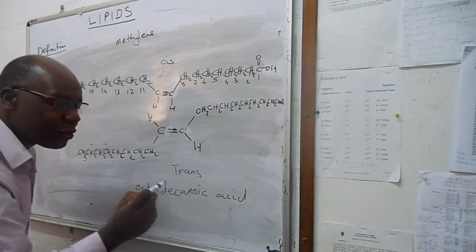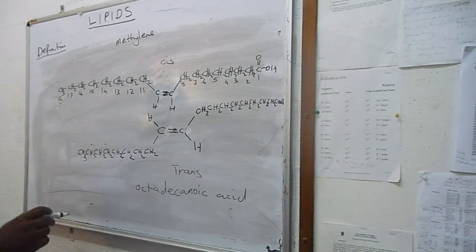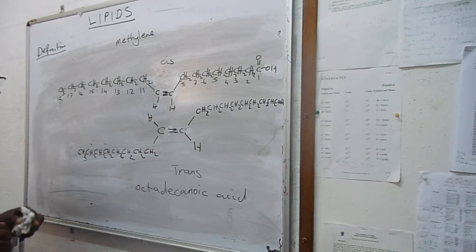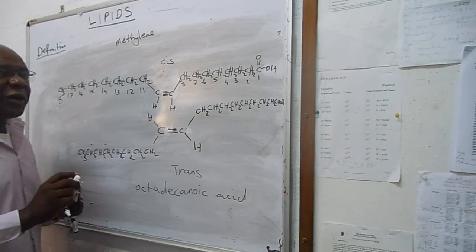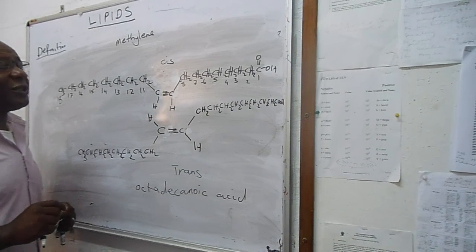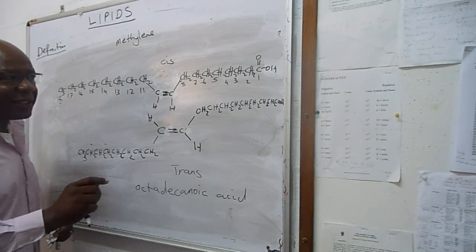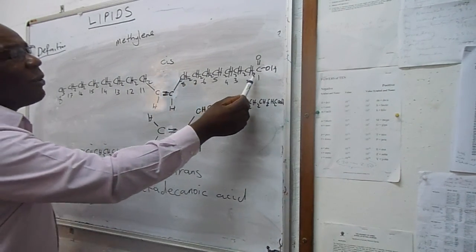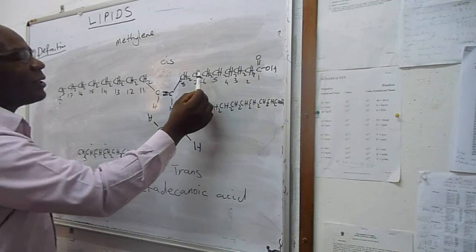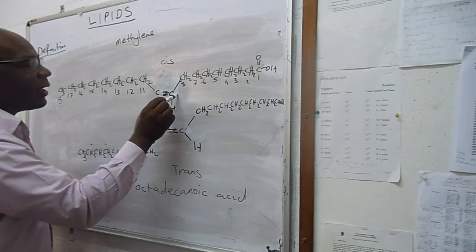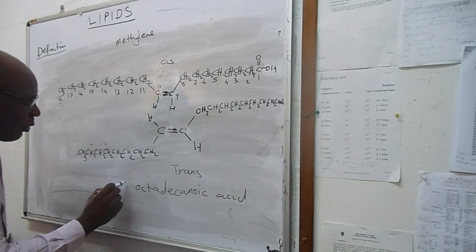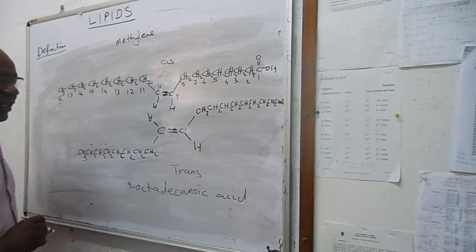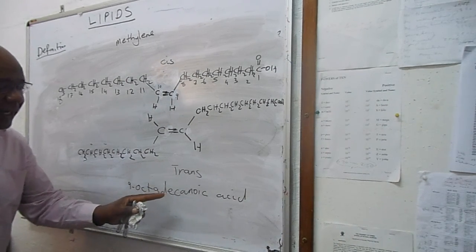But because it is not saturated, we need to identify at what position the double bond starts. If you count 1, 2, 3, 4, 5, 6, 7, 8, 9, at carbon number 9, that's where the double bond starts. So we would say 9-octadeca.